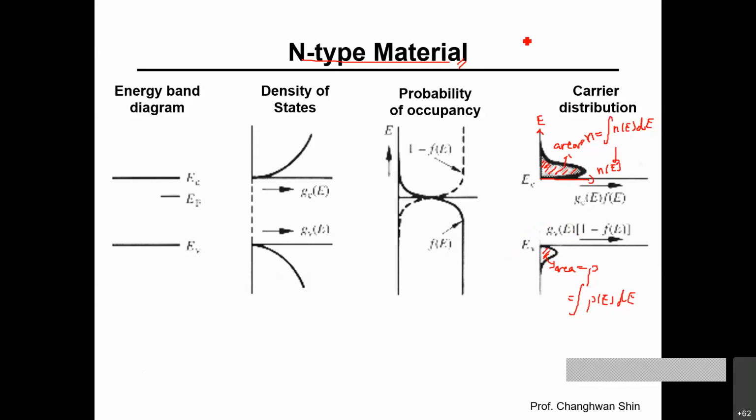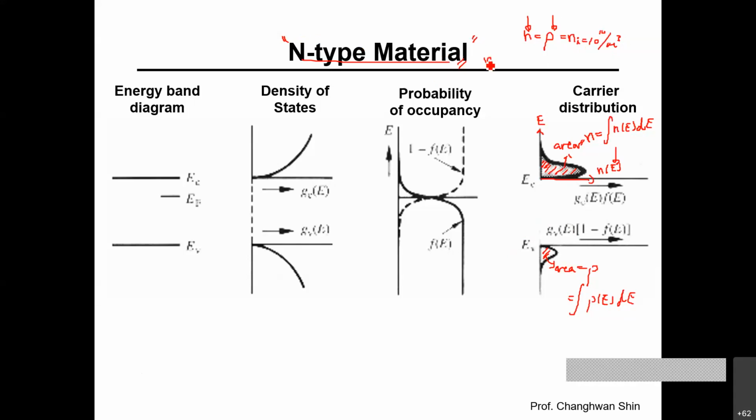In intrinsic silicon material, n and p, the number of electrons and holes, are identical because they are created together in pairs. The number was n sub i, 10 to the 10 per cubic centimeter for silicon. What about the N-type silicon material this time?